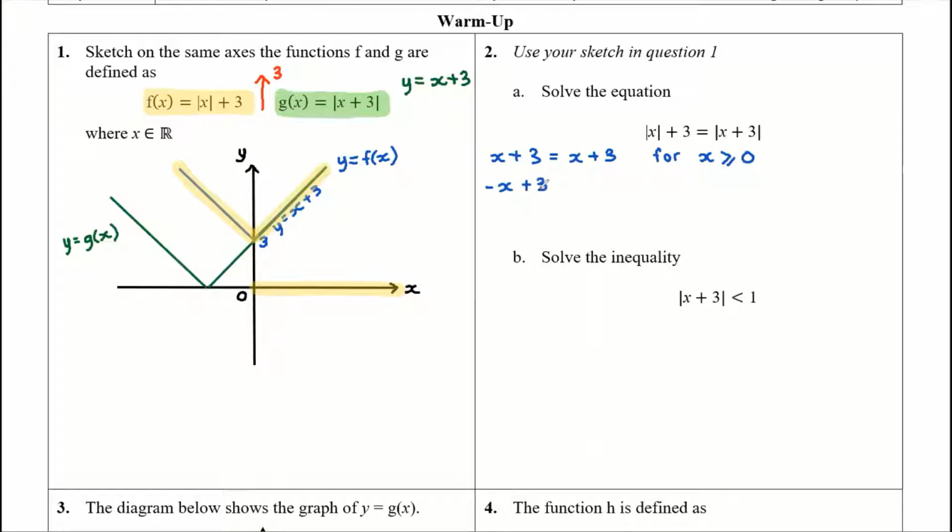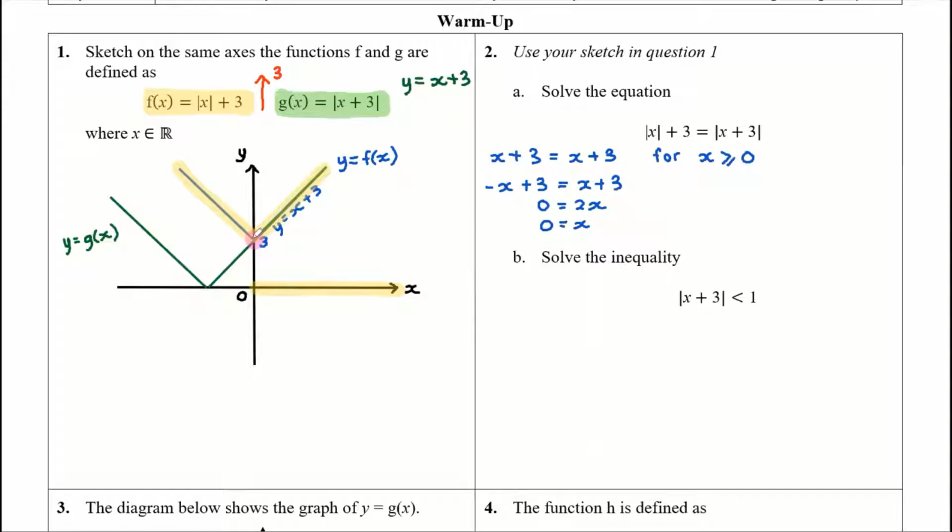Okay, so I consider the part that is modulus as minus x, and that would just simply be equal to the positive branch of g, which is x plus 3. Okay, now here we have something we can actually solve. If we add x to both sides and subtract 3, we basically get x is equal to 0. And that gives us this unique point right here where they both coincide.